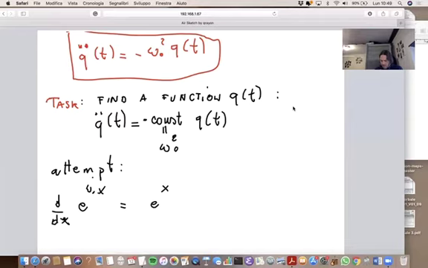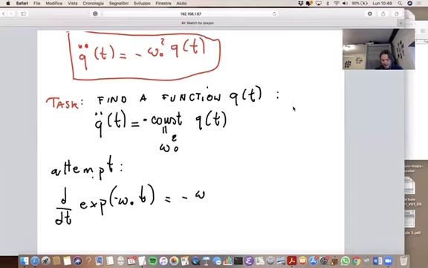Remember, now we want to find the time derivative. So maybe our first attempt would be e to the negative omega naught t. If I take my first derivative, this will give me negative omega naught times the exponential of negative omega naught t. If I now take an extra derivative, I need to take one more derivative here.